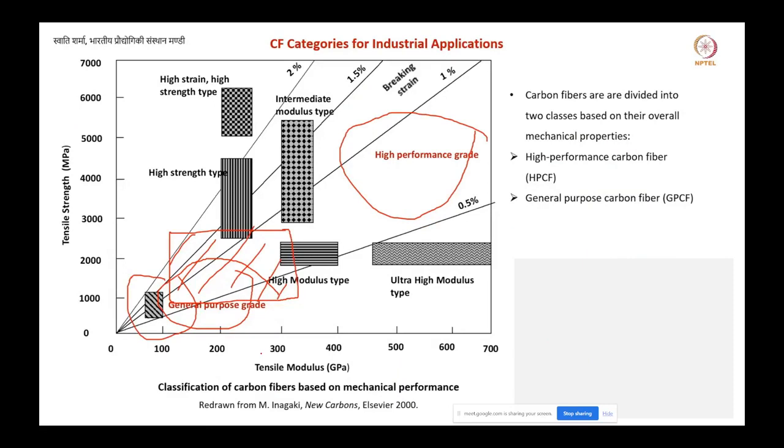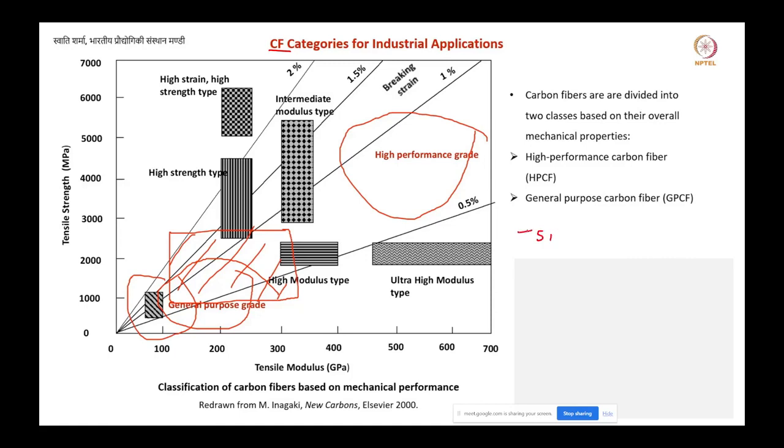Okay. So we'll look again at this property. Here are carbon fiber categories for industrial application. If you are going to industry, that requires some properties for different kinds of applications. The first thing is strength.